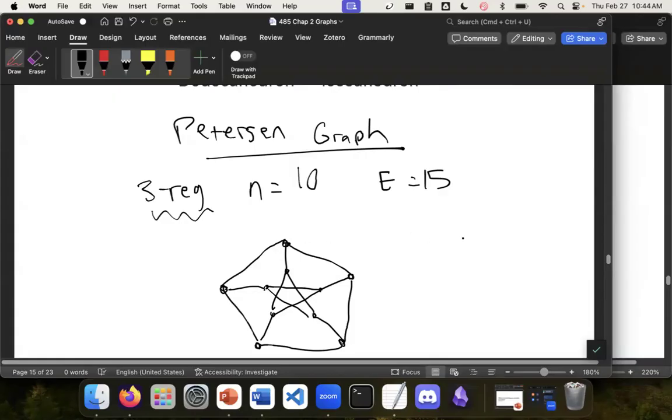This graph has what we call odd cycles. Odd cycle meaning the number of edges in this cycle is odd. So like K3, the triangle, that's an odd cycle.